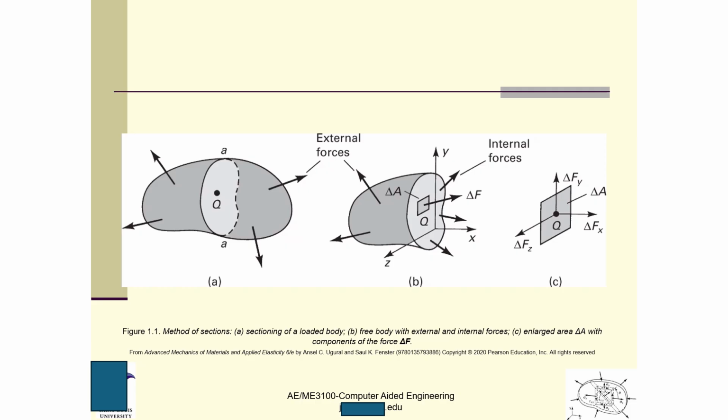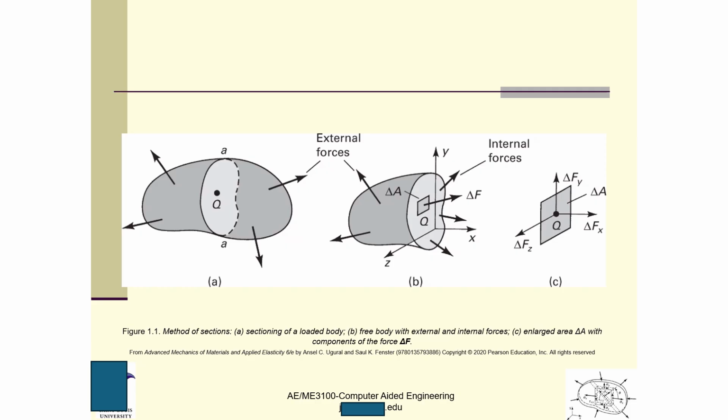We just cut it off and isolate it. For visualization, we remove the red portion and keep only the left portion, and then we artificially establish the x, y, z coordinate system here. Here is the origin, and here is Q.